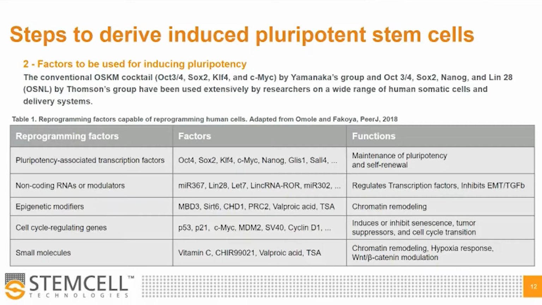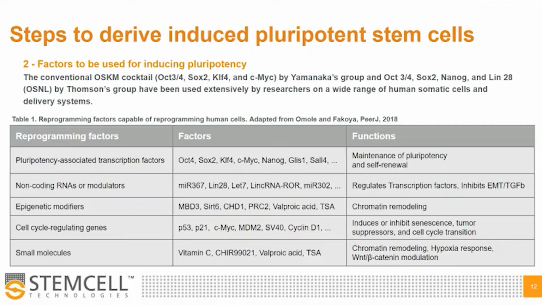Thomson's group provided an alternative combination of four factors: OCT3 and 4, SOX2, NANOG, and Lin28, known as OSNL. The factors that were used to reprogram adult cells are generally found in naturally pluripotent stem cells and are generally transcription factors. However, Lin28 is a microRNA binding protein.